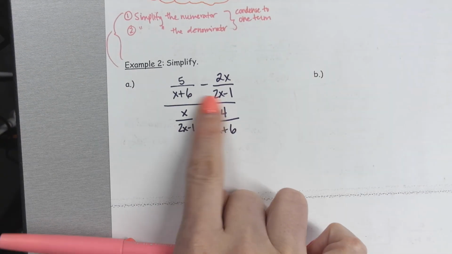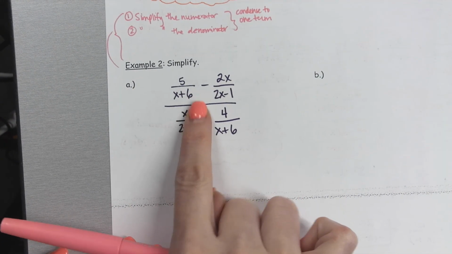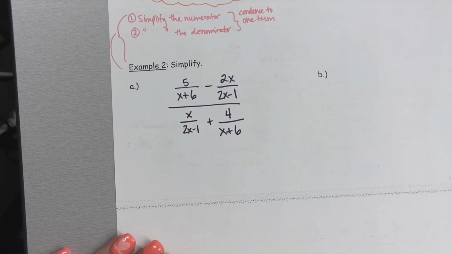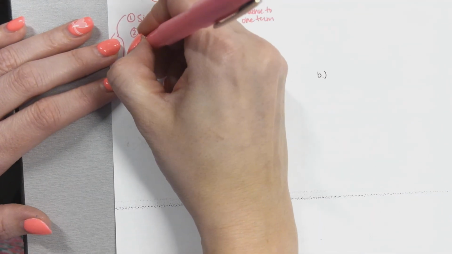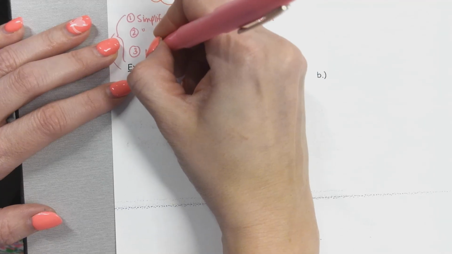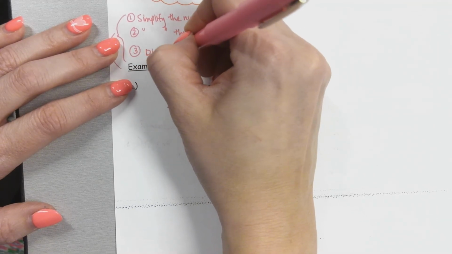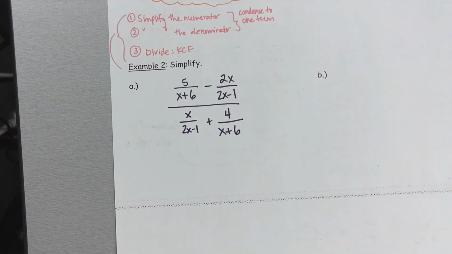Okay, right now you have 2 different terms here. We're going to condense that to one term. And then once you've done that, you can divide with the keep, change, flip method.